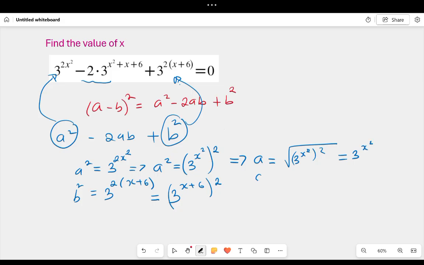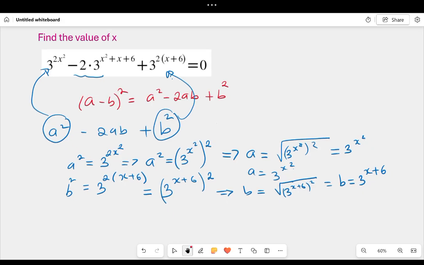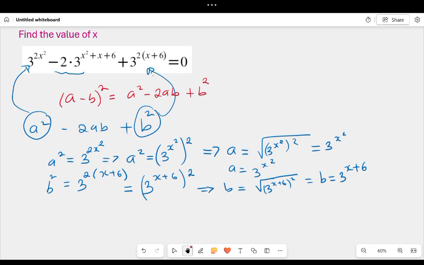So a is equal to 3 to power x squared. In the same way, over here, our b is simply going to be the square root of 3 to power x plus 6, all this squared, which then our b is going to be equal to 3 to power x plus 6. Now we know exactly what our b is and what our a is.